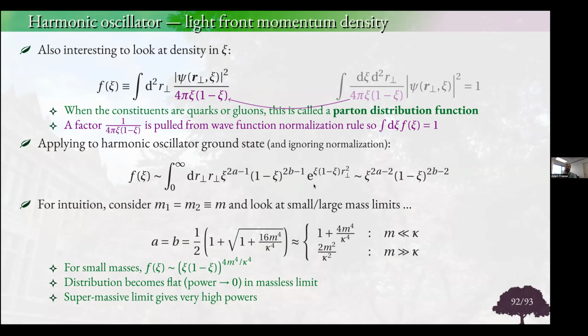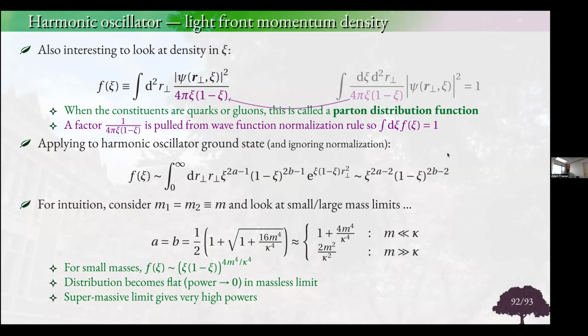Seems like I have a lot of typos to fix before sending over those slides. But once you actually fix the negative here, so the integral actually converges, you'll get an extra factor of 1 over xi times 1 minus xi. So you'll have xi to the 2a minus 2, 1 minus xi to the 2b minus 2.